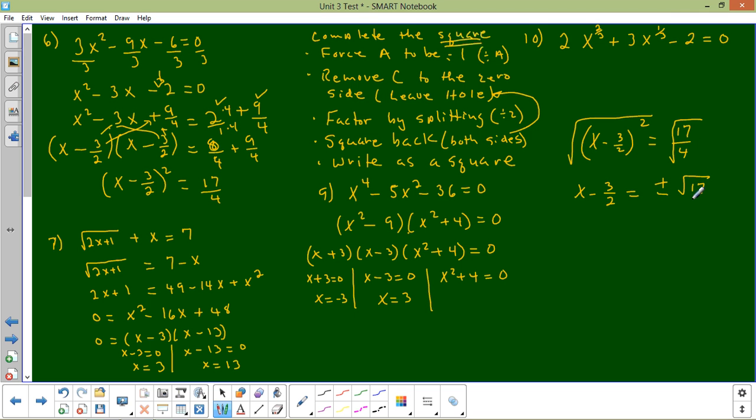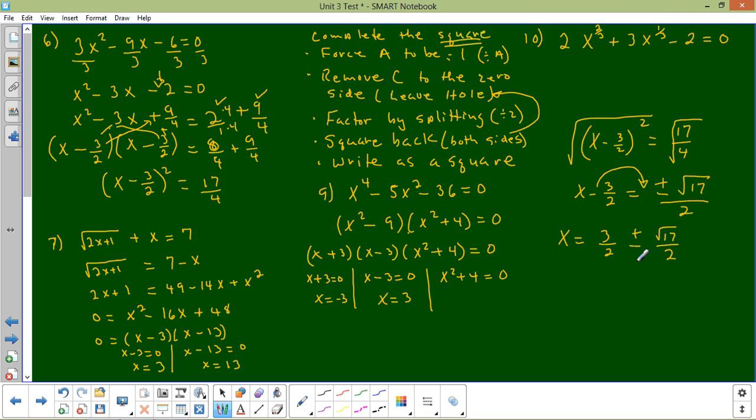Square root 17 over 2. Okay? Now from there, to get the x alone, we bring the minus 3 halves over, and typically you put that in front. So that's 3 halves plus or minus square root 17 over 2.